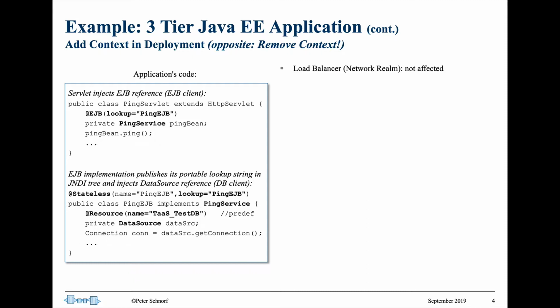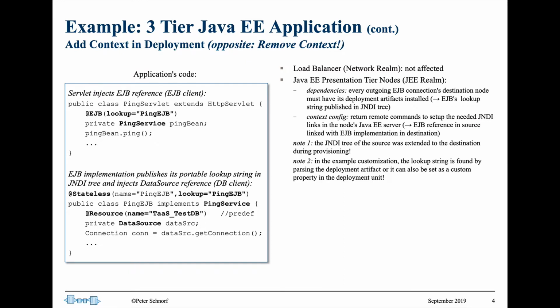So that's the regular injection for data sources. Now, if you look at what needs to happen in the various nodes of the topology, in this case, the load balancer doesn't have to do anything. It's not involved in deployment. The Java EE presentation tier nodes, on the other hand, have outgoing EJB connections, and their destination nodes must have their deployment artifacts installed so that the EJB's lookup strings are published in the JNDI tree.